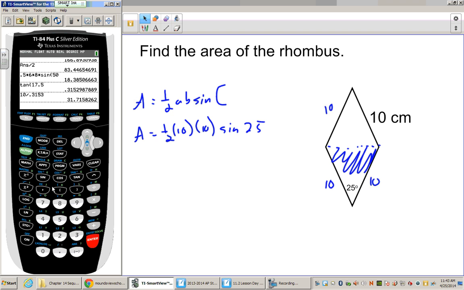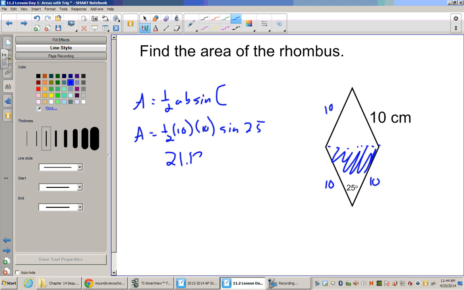So let's go 0.5 times 10 times 10 times the sine of 25. Looks like 21.13 is the area of that triangle, that blue triangle. Area of the blue triangle.